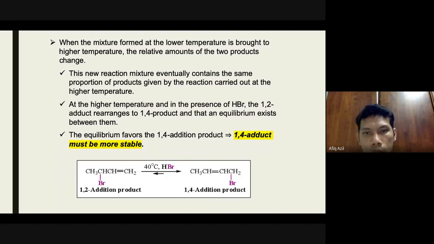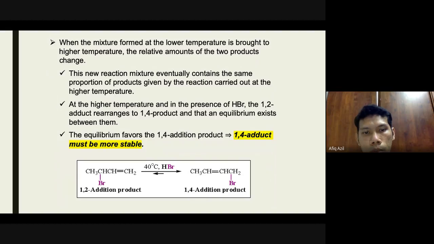So at higher temperature and in the presence of HBr, the 1,2 adduct rearranges to the 1,4 product, and an equilibrium exists between them. So you have this equilibrium, and the equilibrium favors the 1,4 addition product.